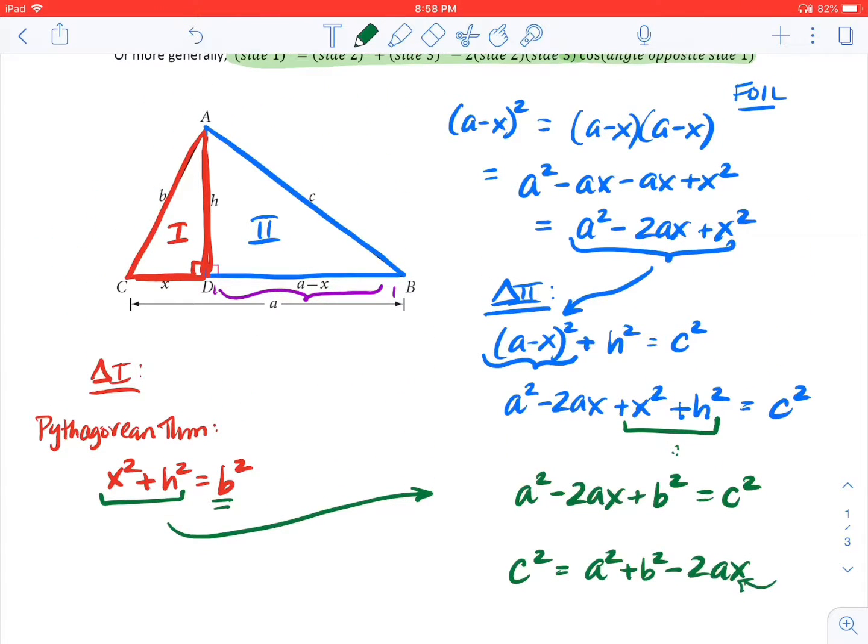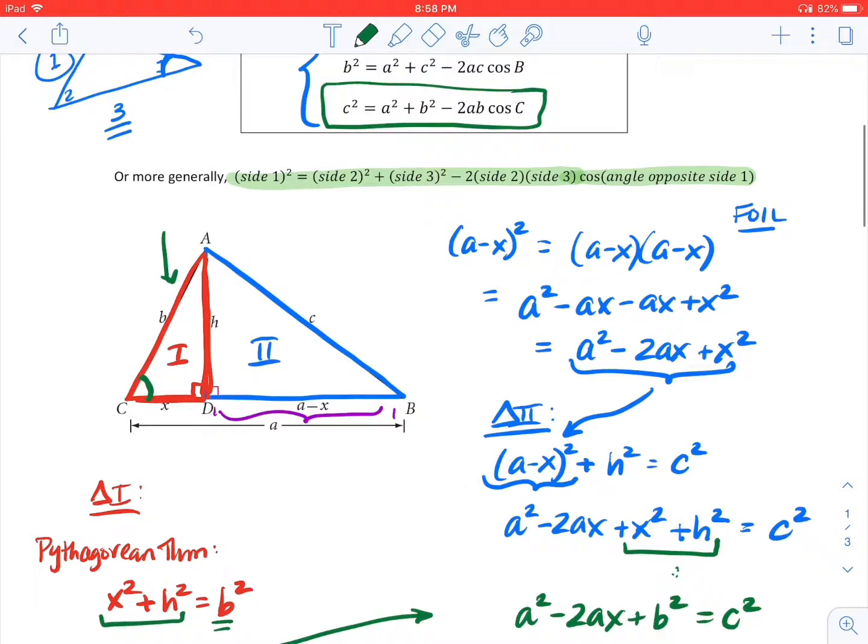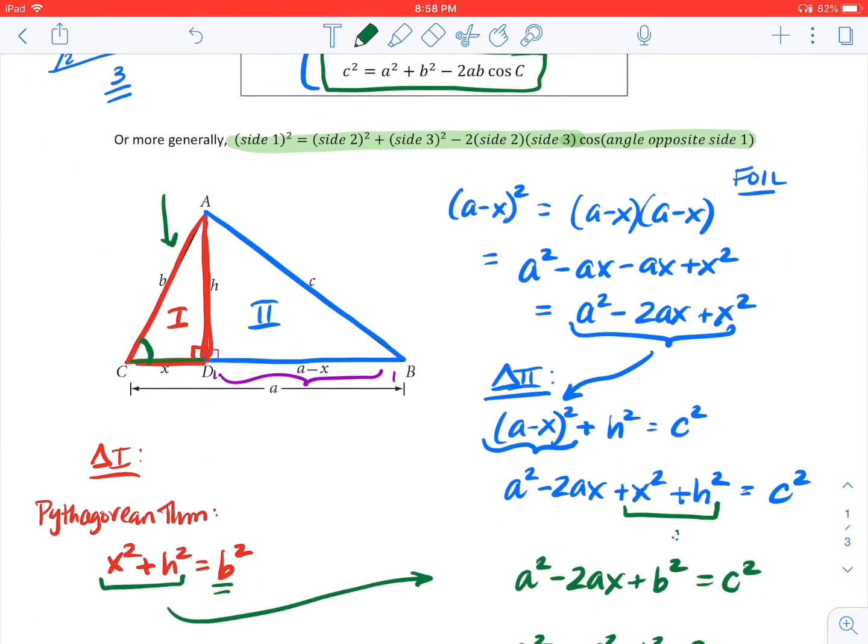I want to replace this x with something, so I wonder if there's an expression that I can. And I'm going to take a step back to this original red triangle up here. If I look at angle C, from angle C, I can write an expression, a trig function, in terms of the adjacent side and the hypotenuse.